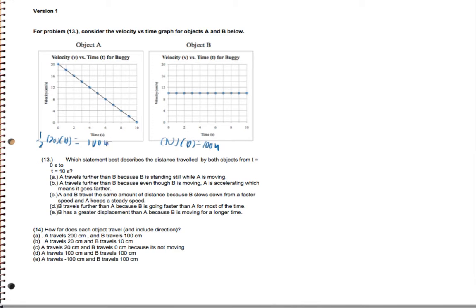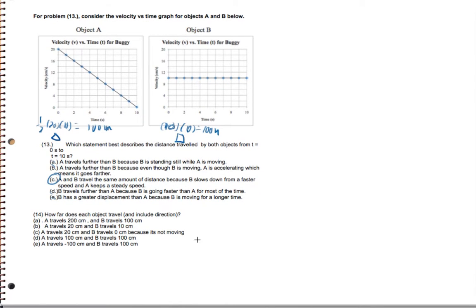Again, I'm using the area of a triangle here, and this is the area of a rectangle. And so I'm getting that they travel the same distance, because none of these others work out. Now, how far does the object travel? We calculated that just now as 100 meters each way, for each one.